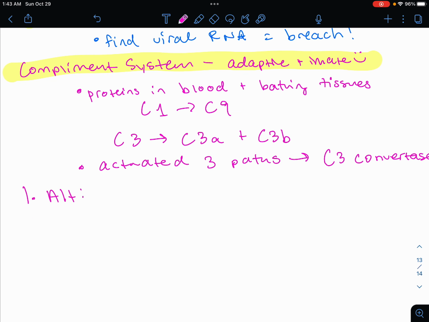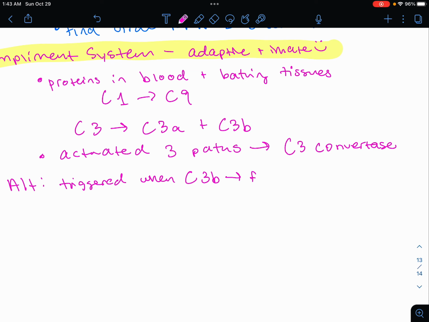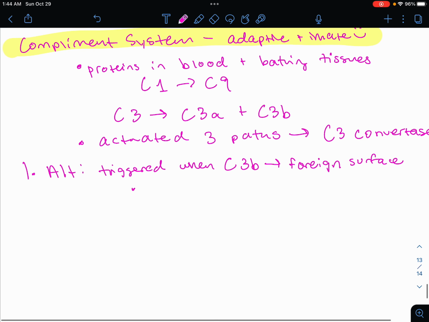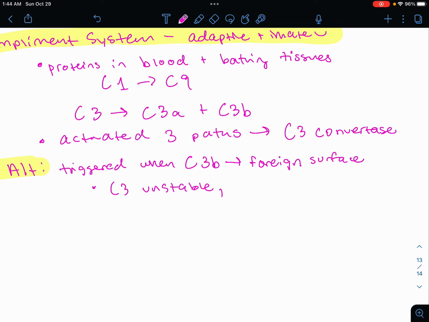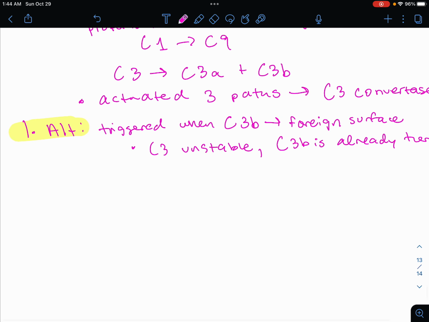And in this one, this is going to be triggered when C3b binds to foreign surfaces. This is going to be very unreliable, actually, because C3 is so unstable that C3b actually already is there, even when there isn't a foreign surface for it to attach to.